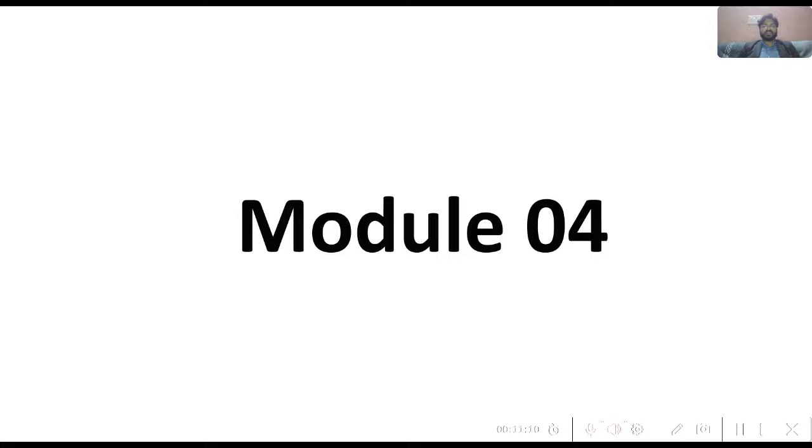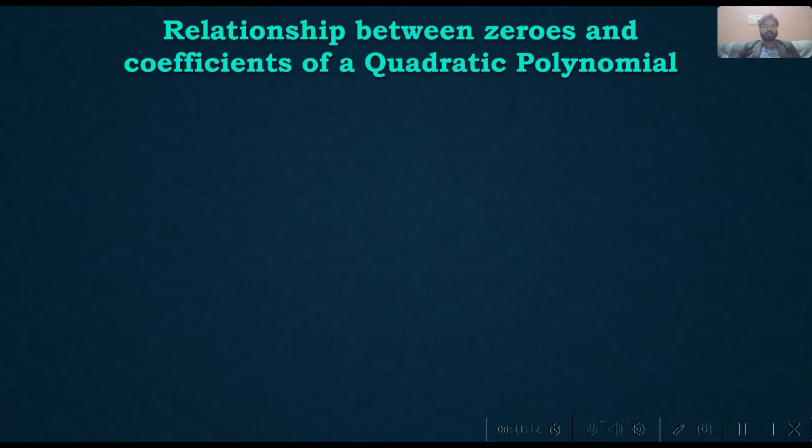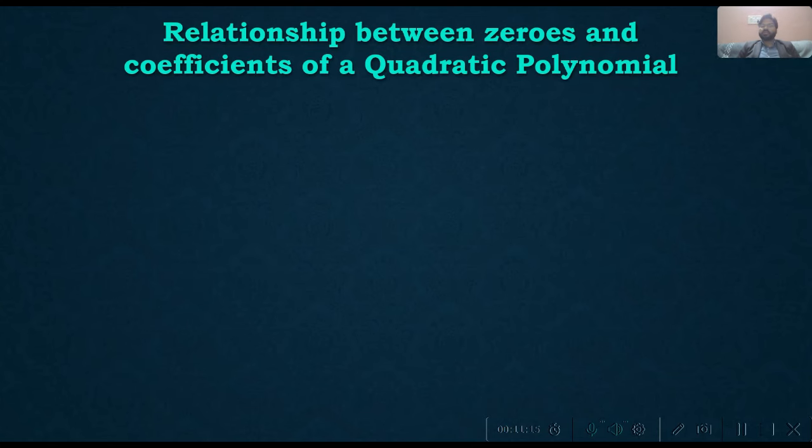Module 4 we will do the relationship between zeros and coefficients of a quadratic polynomial.